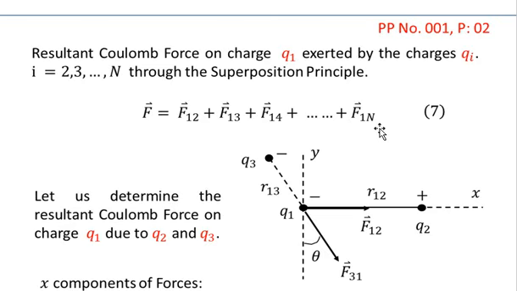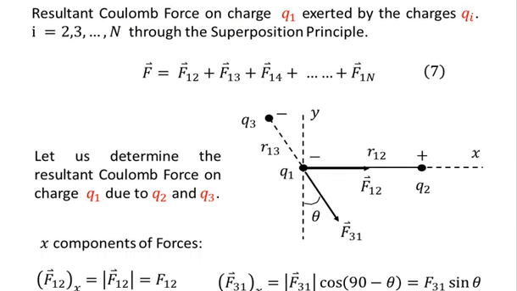And when you have vector quantities, of course their addition is given by the vector addition of vectors, which is also known as the superposition principle. So equation number 7 gives you the resultant force on charge Q1 due to all the n charges present in the surroundings of charge Q1.